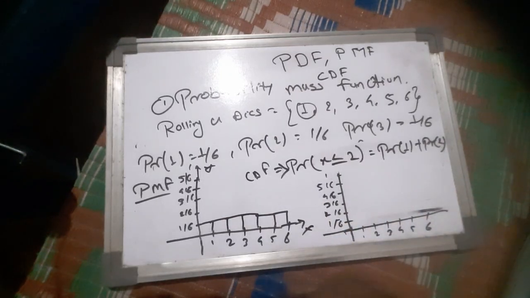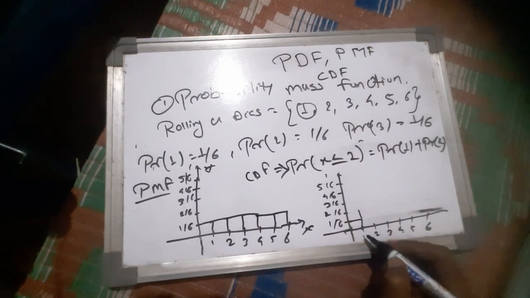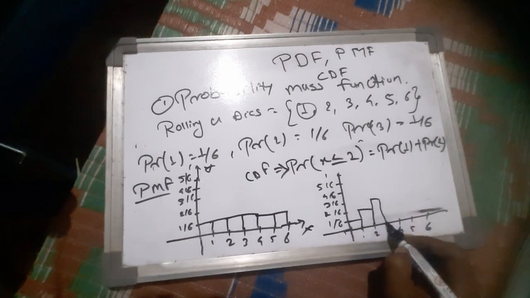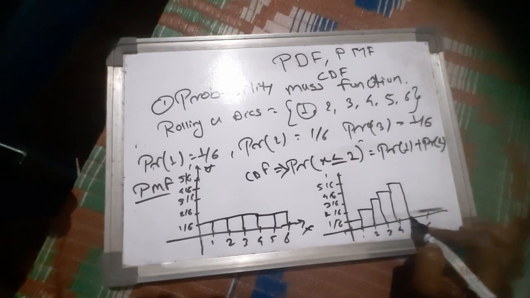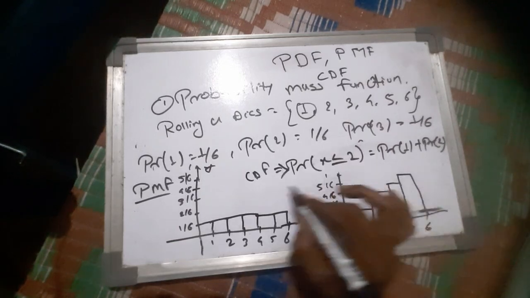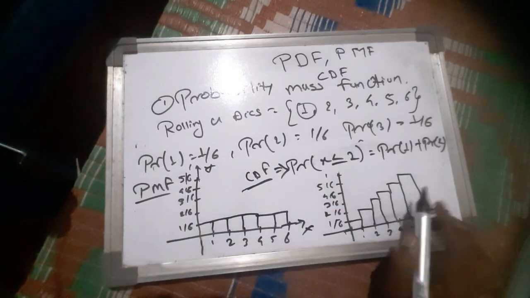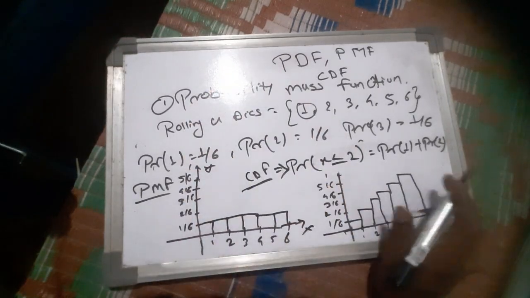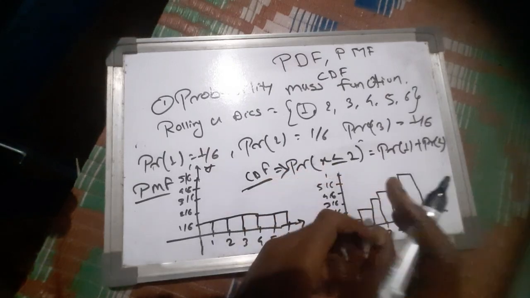Your graph continuously increases, so it looks something like that. This is the graph for a CDF. The probability mass function graph looks like this, but for the CDF it is different. I hope you understand about the CDF, right? And we will learn about the probability density function in the next video.